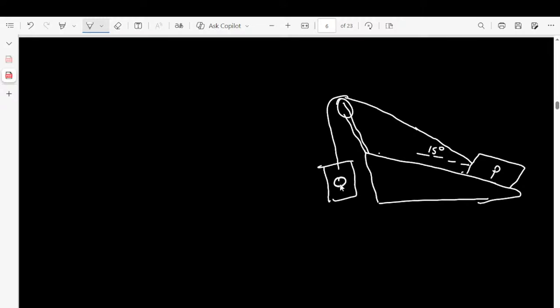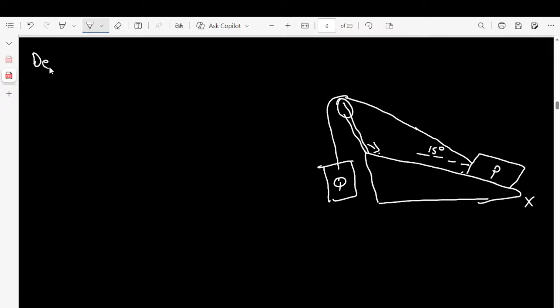And then this is Q. So the difference is that this time the string is applied at an angle. We can see that from the diagram. This is my x, this is my y. So the pull is adjusted so that the string is pulled at an angle of 15.